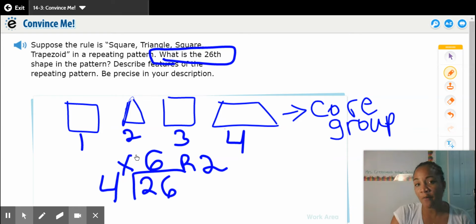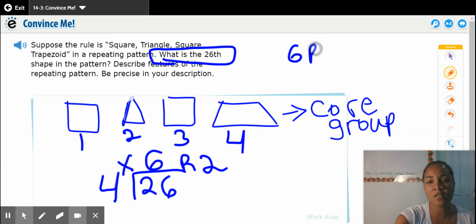So that means if I was to draw my core shape, I could complete it 6 even times. And then I'm going to have 2 extra shapes left over because I won't have enough to create a 7th even group. And let me show you what that means. So remember we have 6. The answer was 6, remainder 2.